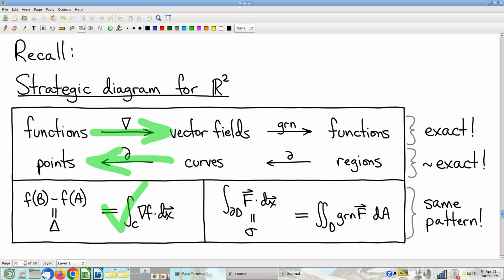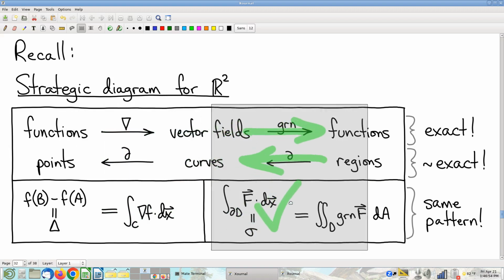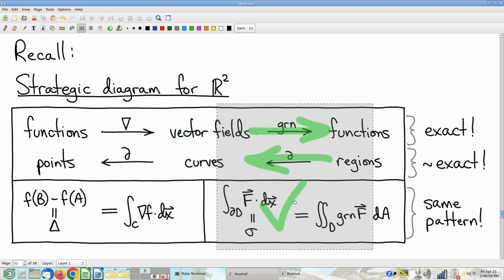And we talked before about how Green's theorem is structurally, diagrammatically, exactly the same pattern. So very, very similar theorems, even though on their face they don't particularly look all that similar.